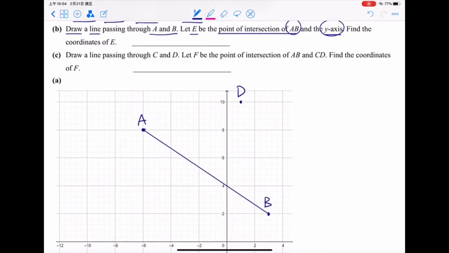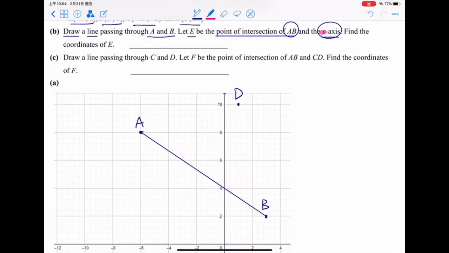Let's see where the y-axis is. The y-axis is the vertical one. So therefore the point of intersection is the one on 4. This is 0, 4. So find the coordinates of E. This is E, bracket 0, 4.